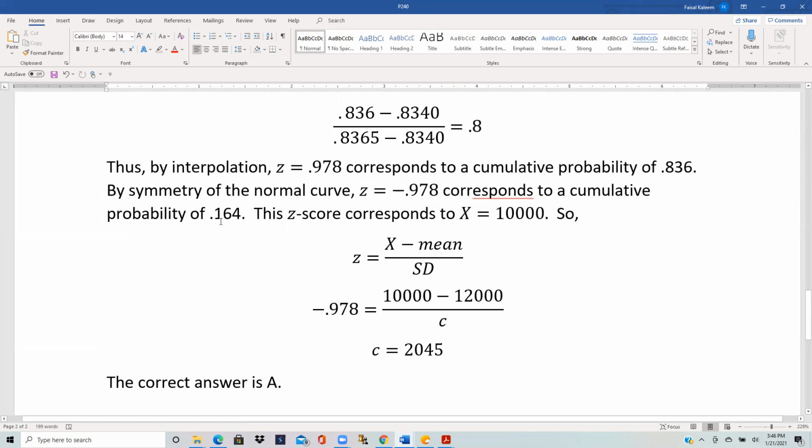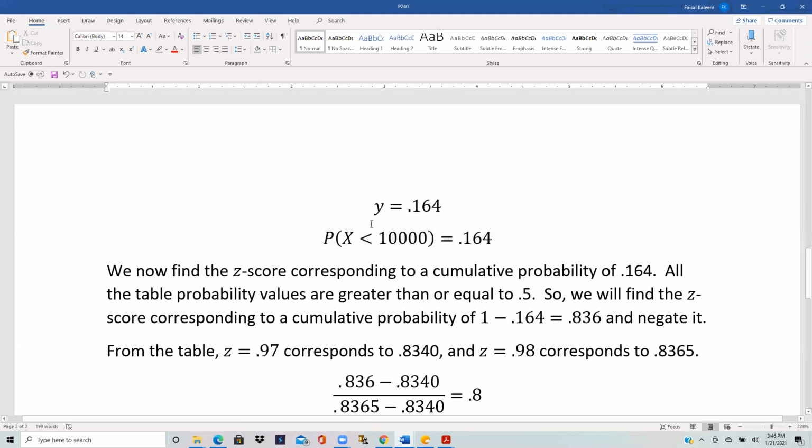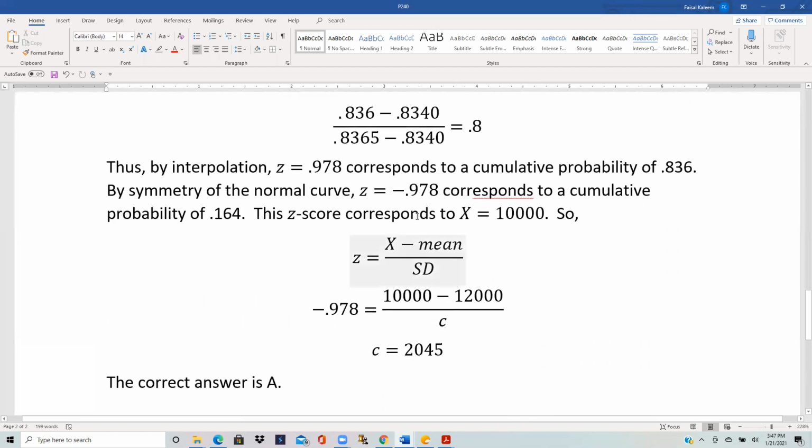But remember, there the corresponding x was 10,000. So this is the same as probability X is less than 10,000. And therefore, the z that we found corresponds to an x of 10,000. This z-score corresponds to x equal to 10,000.